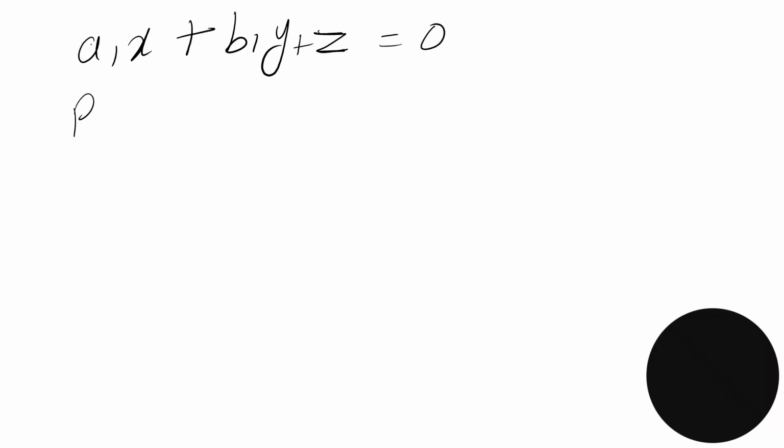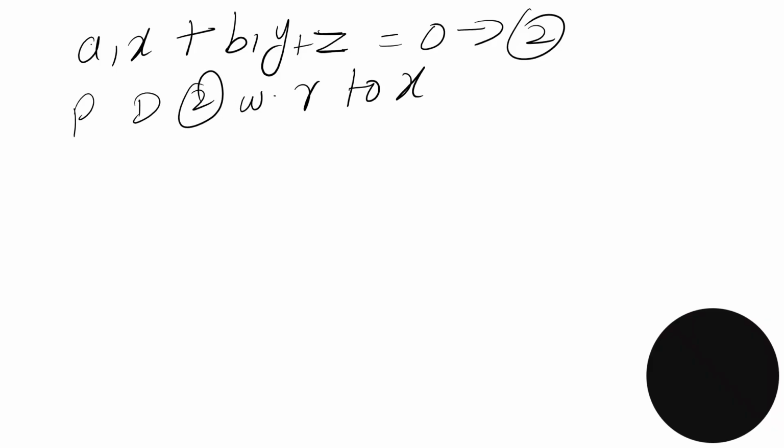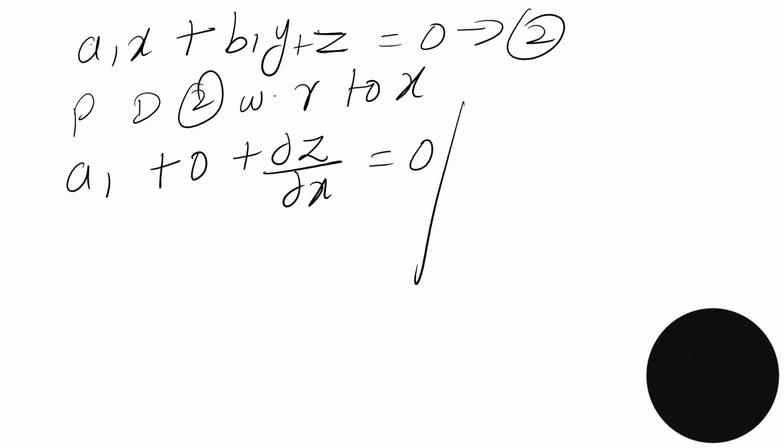So partially differentiate equation 2 with respect to x. So a1; second term has no x, so 0; third term, z differentiated with respect to x, gives 0. Next, partially differentiate equation 2 with respect to y.